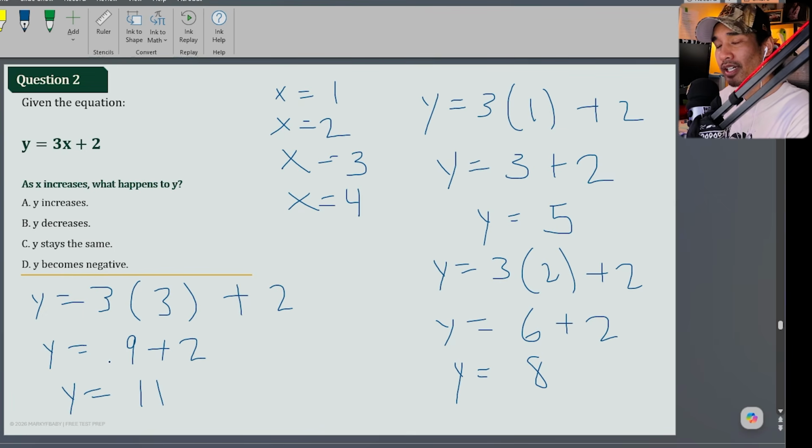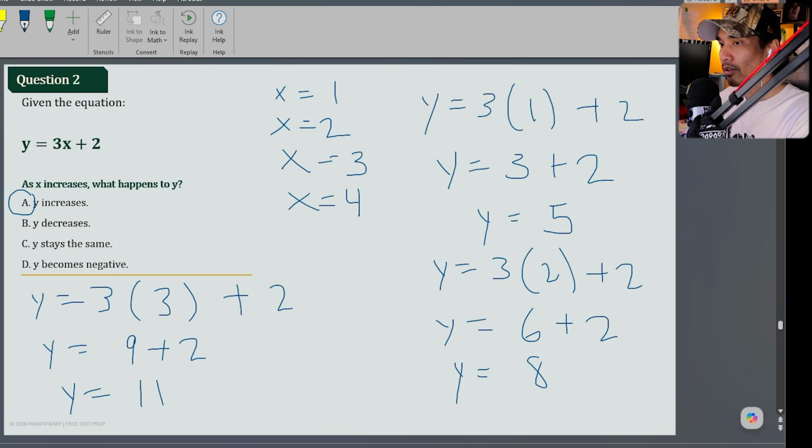Do we see the pattern here? I hope you do, because y is increasing as x is increasing, or vice versa. As x increases, y increases. And that is answer choice A. Super easy concept to grasp. These ones should be easy, no problem.